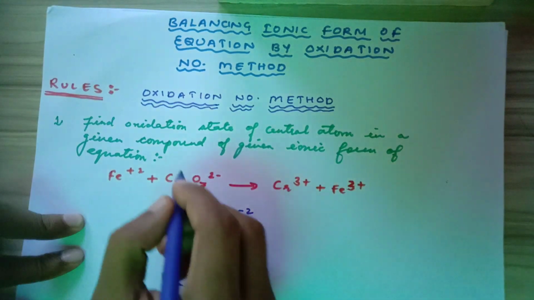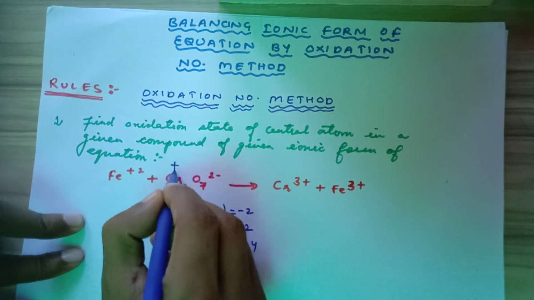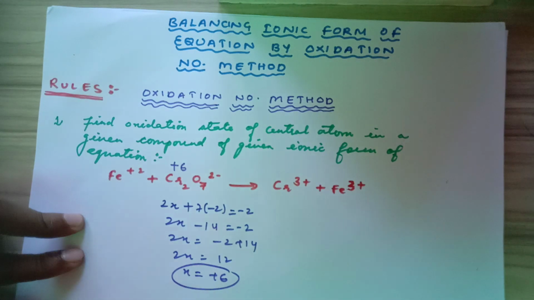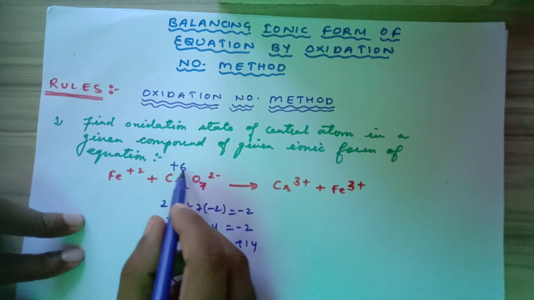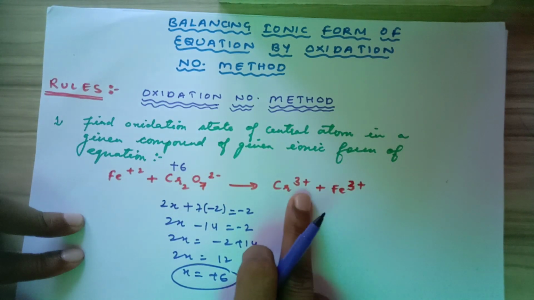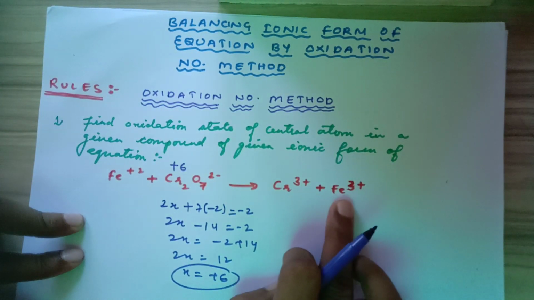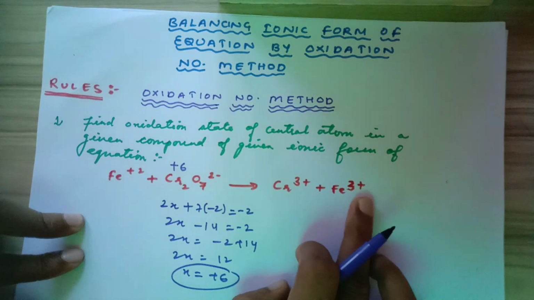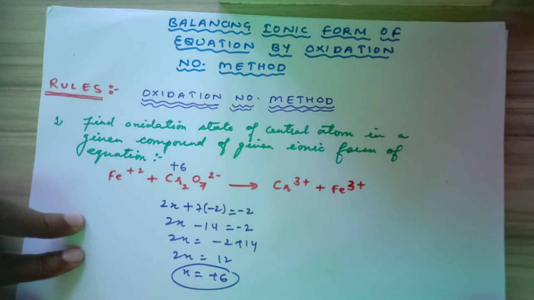So over here the oxidation state of Cr will be plus 6 and this oxidation state is average oxidation state because there are 2 chromium, so plus 6 over here is average oxidation state. Now here Cr oxidation is 3 plus and that of Fe is 3 plus. Now we can move to next rule.